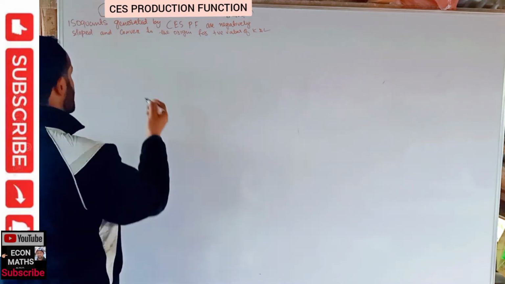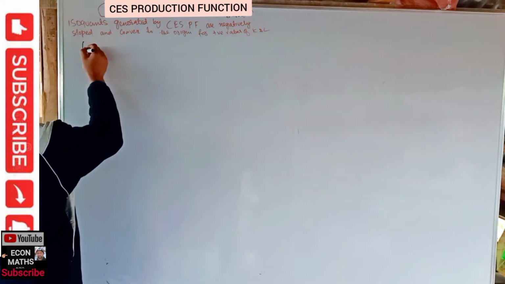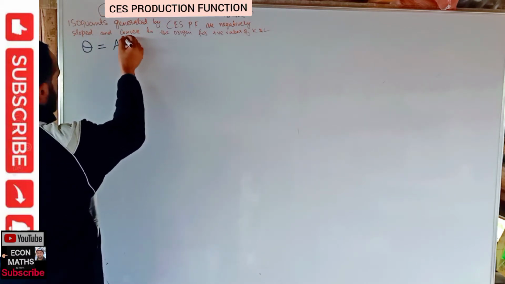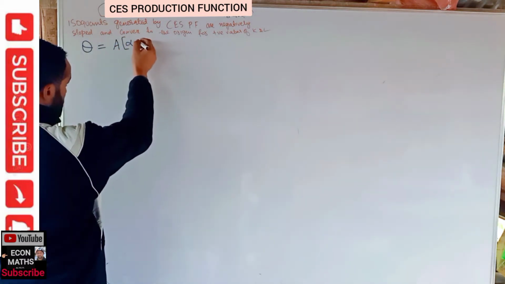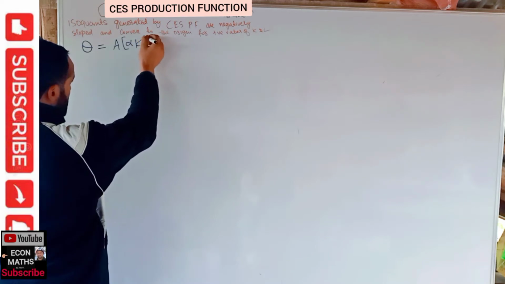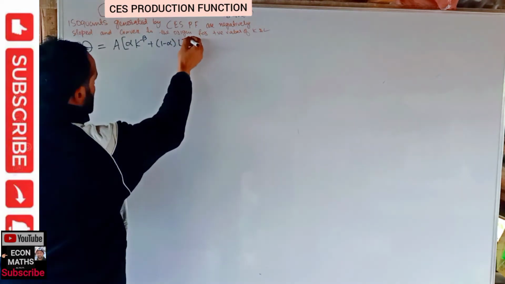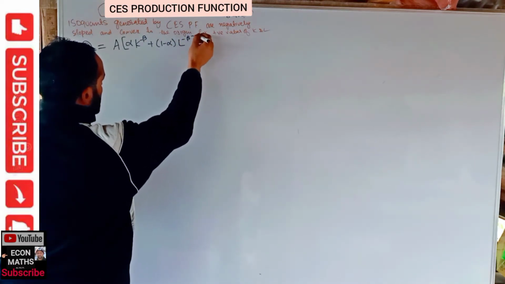Our Q, the production function, is given as A into alpha K to the power minus beta plus 1 minus alpha L to the power minus beta, whole to the power minus 1 divided by beta.